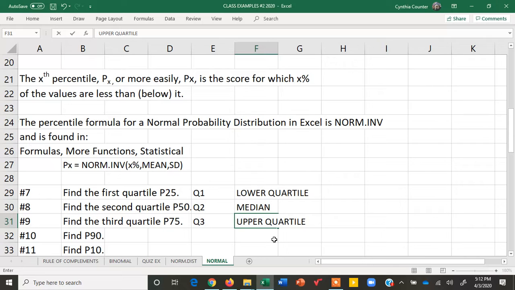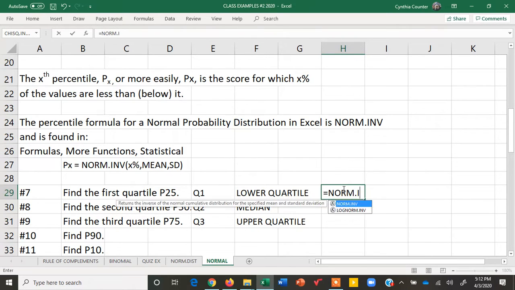All right, so let's go ahead and find these. So we use the NORM.INV, where inv stands for inverse. It's called an inverse because now instead of entering a score and getting a probability, we are doing the opposite, or the inverse of that. We are entering a probability, which is the percentage part of the percentile.